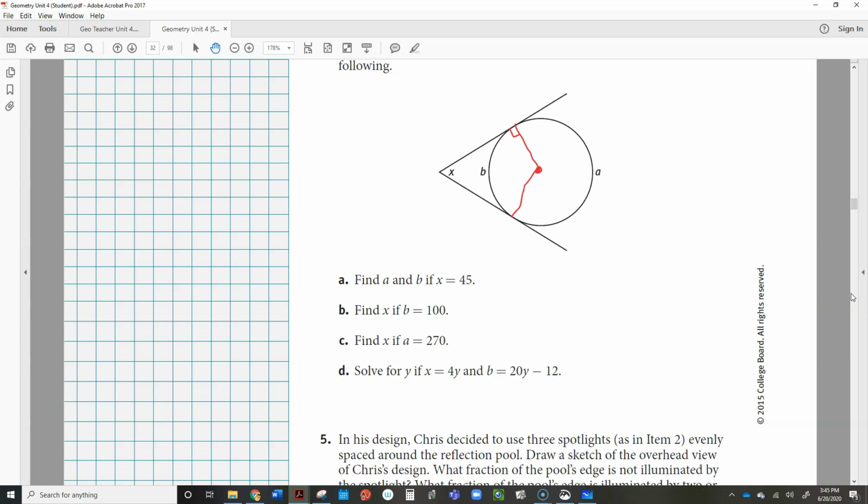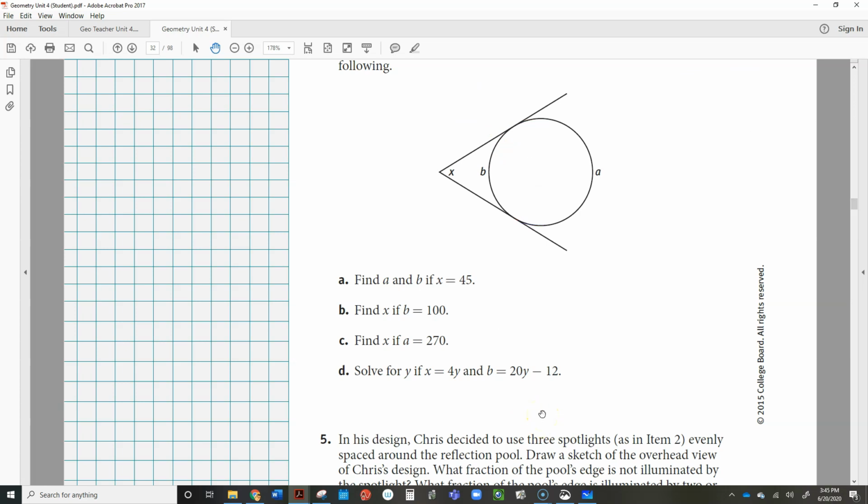Create a quadrilateral and find the measure of this angle, because if this is 90 and 90 and 45, then you can find the measure of that angle. If you have the measure of that angle, you also know the measure of arc B, and if you know the measure of arc B, then you can say 360 minus B, and you'll have A. But that's not using the formulas that I want you to use, so that's why I chose to show you the formulas and use the formulas.